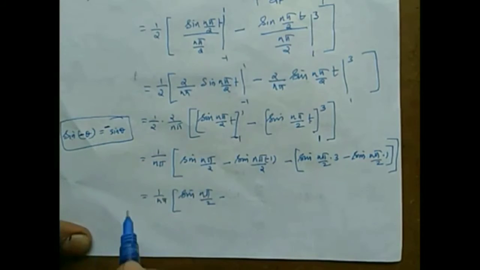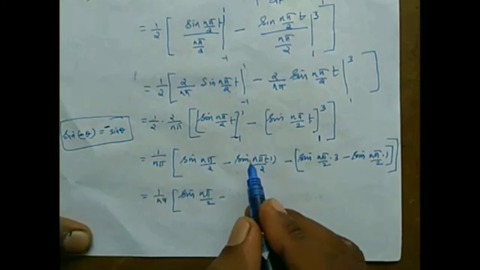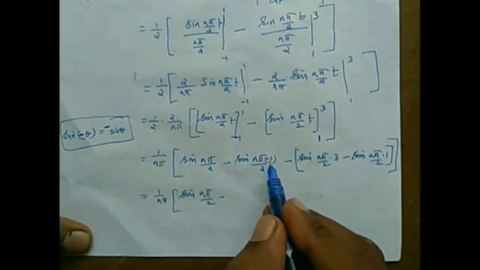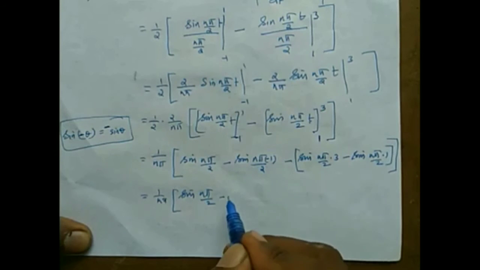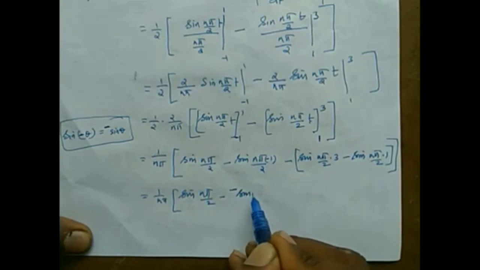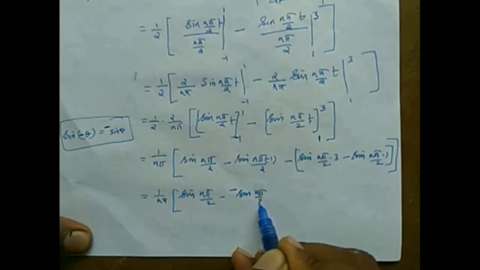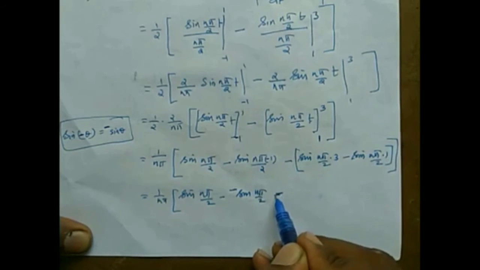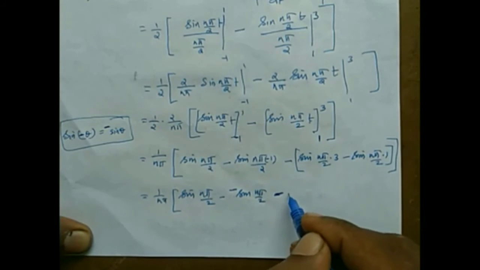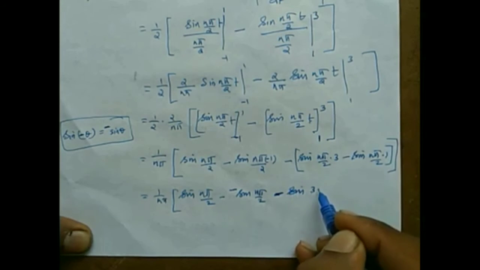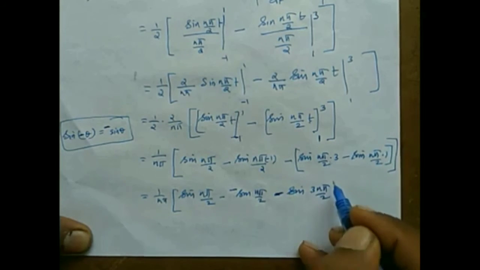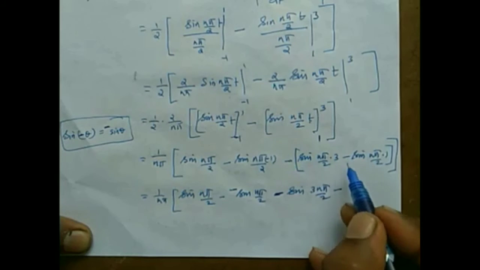Okay, you should know this. So sine of minus n pi by 2 is equal to minus sin n pi by 2. Okay, then minus sin 3 n pi by 2, minus into minus becomes plus.